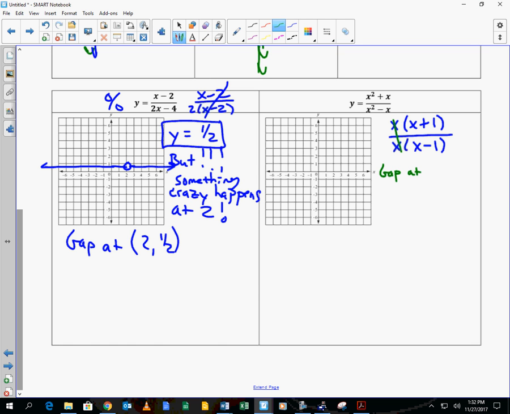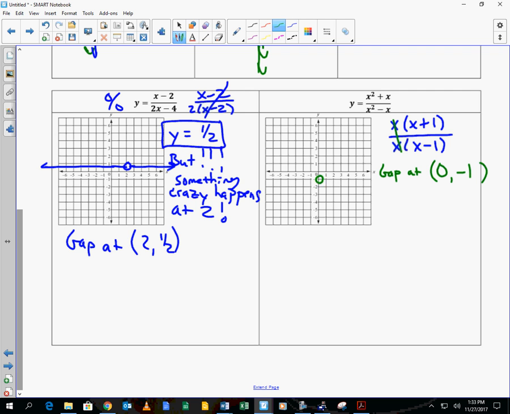The gap happened at 2 because x minus 2 divided off. So there's going to be a gap at 0. Now, I'll show you how to come up with the y value. You would plug 0 into what remains. What's 0 plus 1? 0 minus 1. So divide those, you get negative 1. So that's where the gap's going to happen. So 0, negative 1, I have a gap.